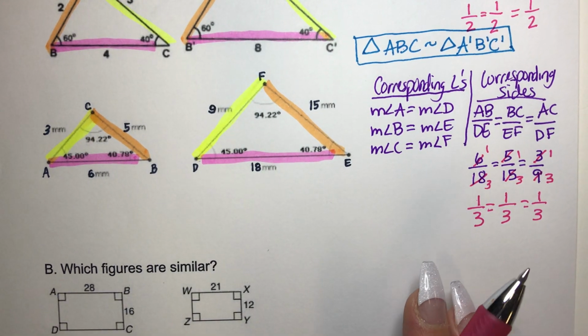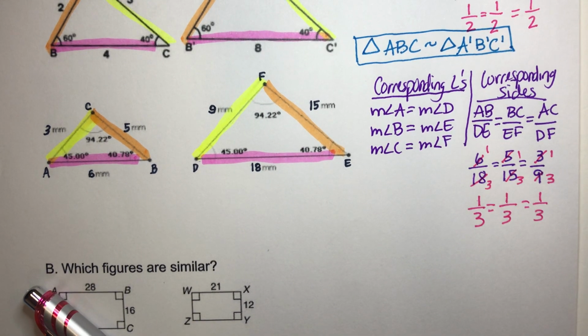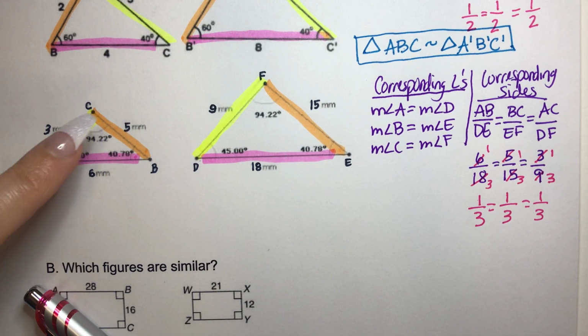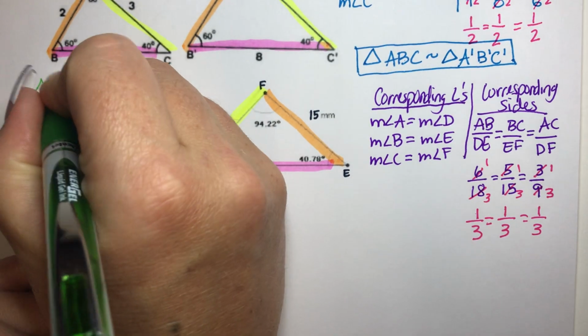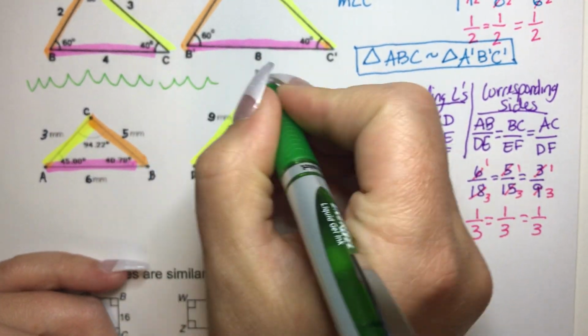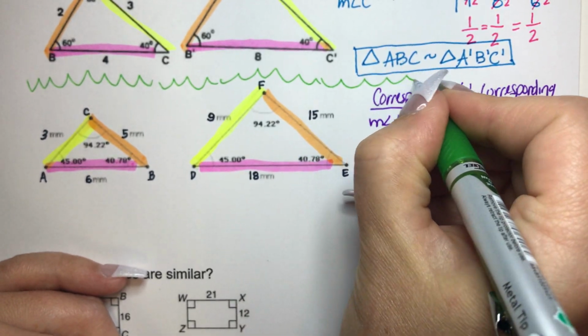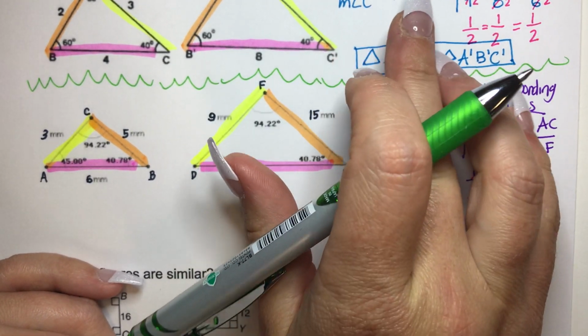So I'm going to say, I think I'm going to draw a line across this because I don't want these two to get confused. I have ABC and then I have ABC. So I'm just going to separate these two. So we know that this triangle ABC is referring to this information.